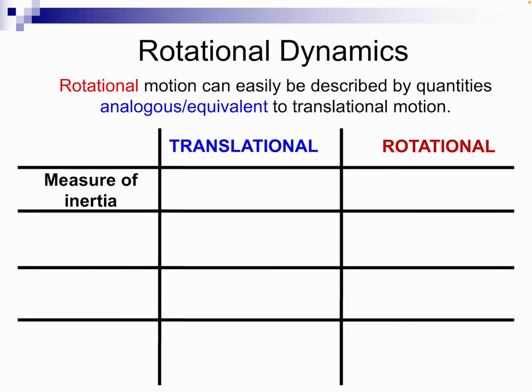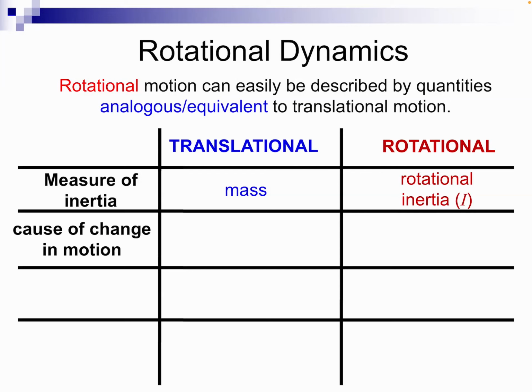Right. So after defining this, let's compare translational motion and rotational motion. The measure of inertia, or resistance to changes in translational motion, is defined by the mass. Resistance to rotational motion is defined by rotational inertia, or moment of inertia I. For translational motion, force causes an object to move along a straight line.